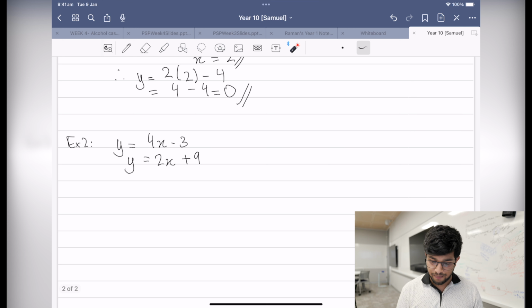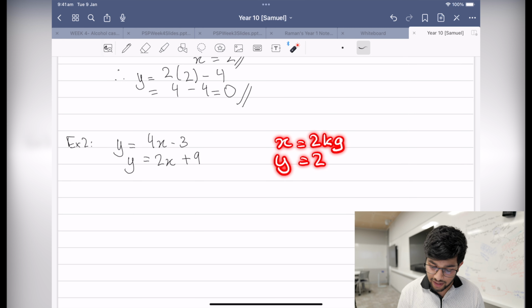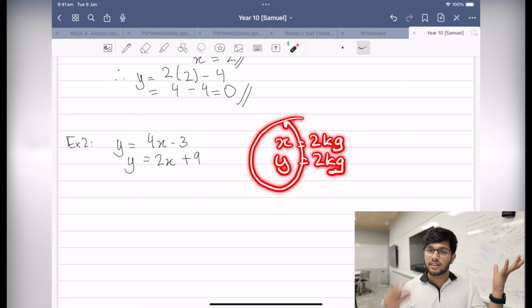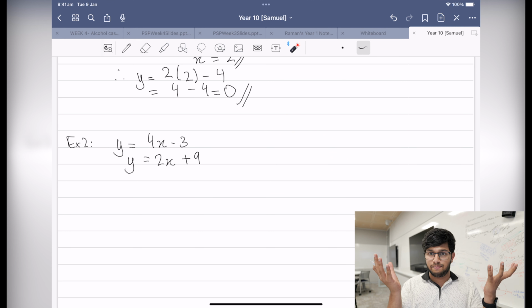If you want to think about it like this, let's just say x weighs 2 kilos, and y also weighs 2 kilos, then it's a logical assumption for me to say, okay, then x and y weigh the same.